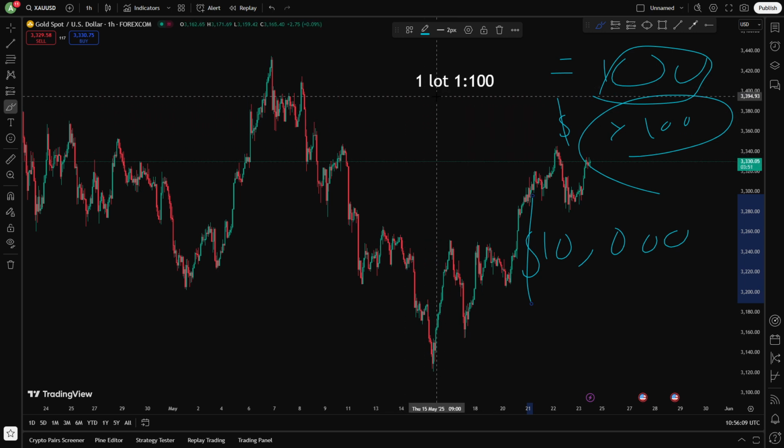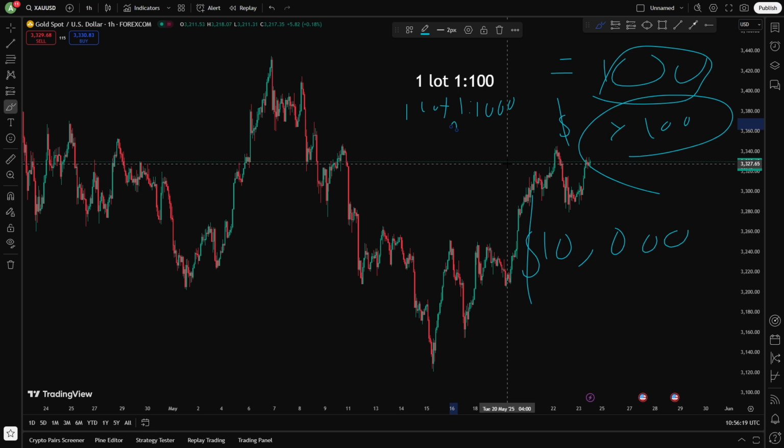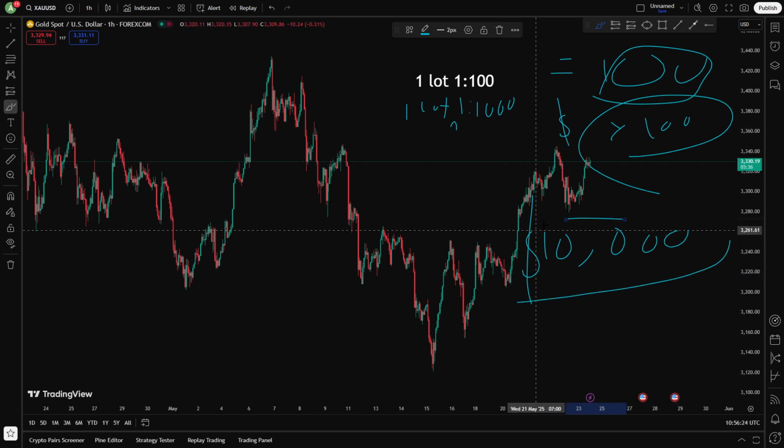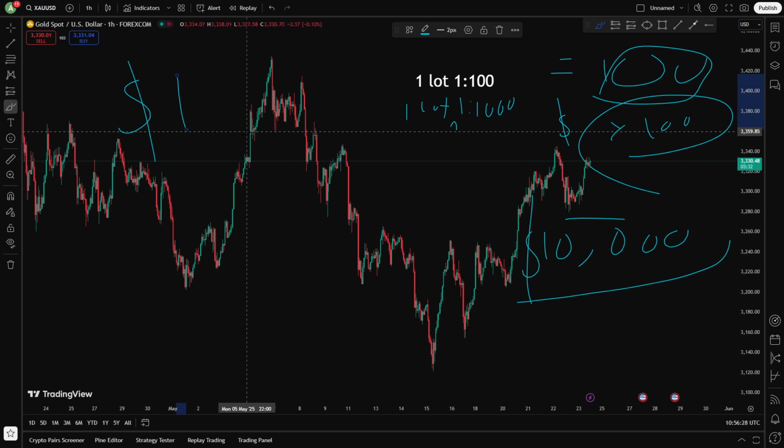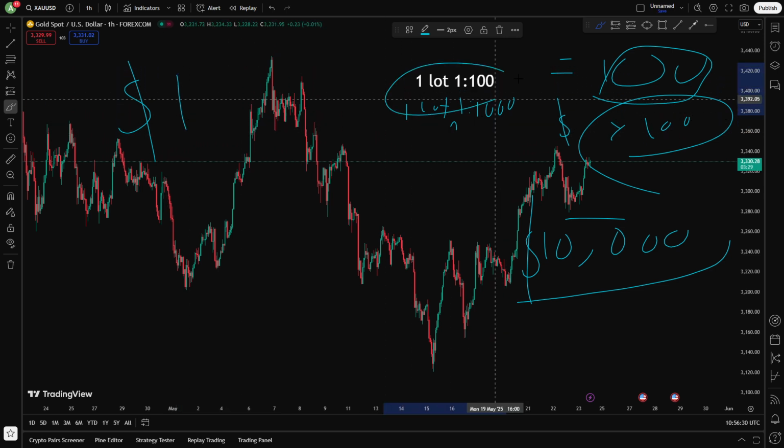But most people think that if one lot is 1,000 with 1,000 leverage, it can somehow amplify my profit. No, it did not. Let's say you open a $1 position with no leverage, which is basically impossible unless you found a really cheap stock.